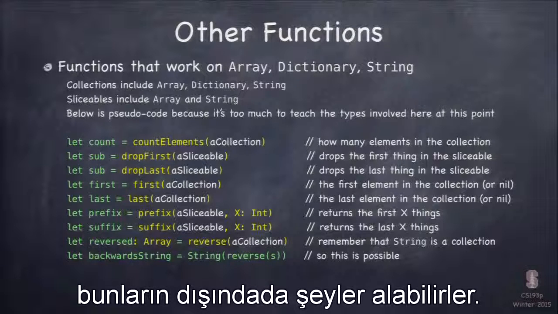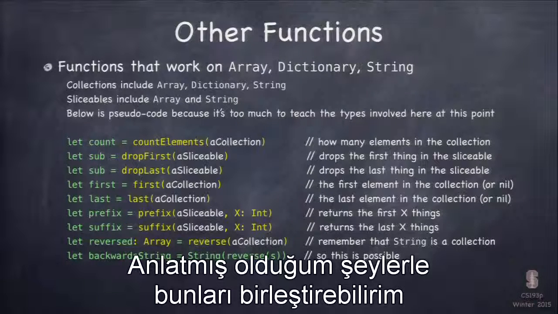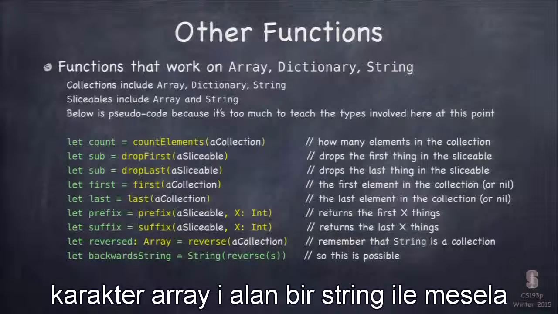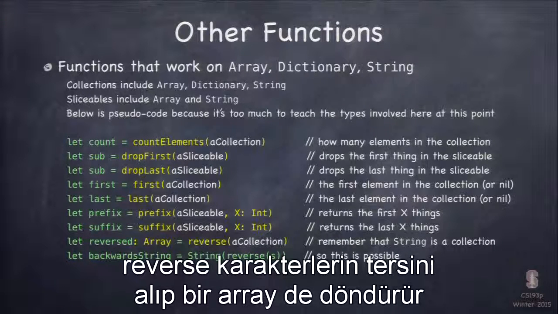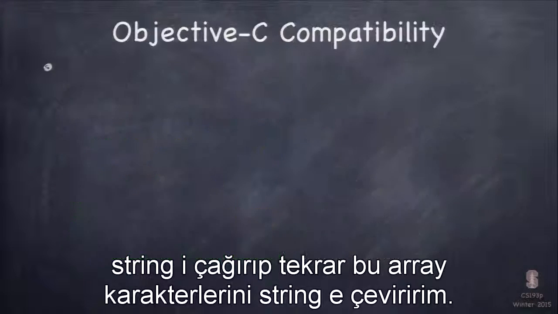But you can look through this list, kind of interesting things. I can combine it with what I was talking about earlier, passing an array of characters to String. I can actually take a string, call reverse, which returns an array of the characters reversed, and then call String to push it back and create a string again.